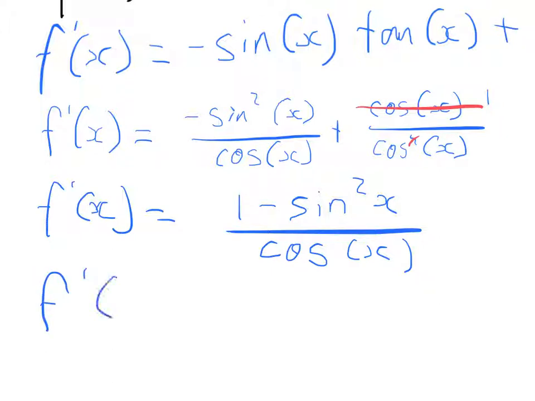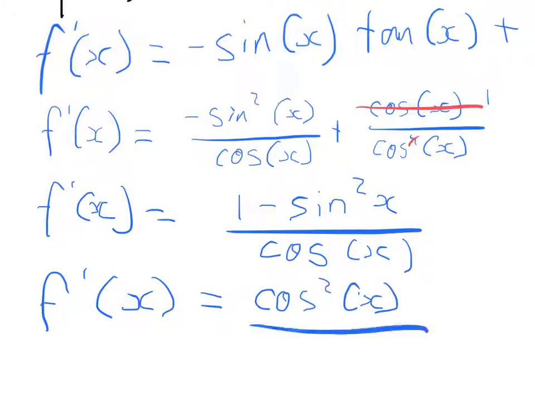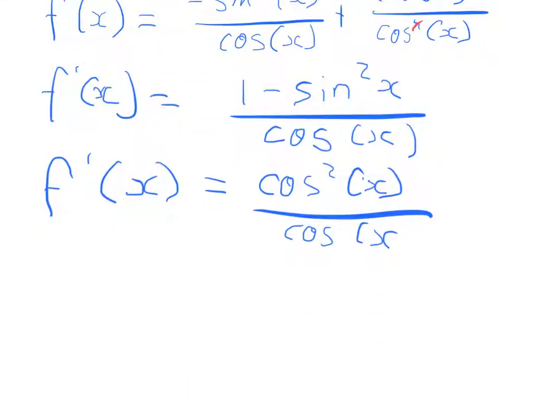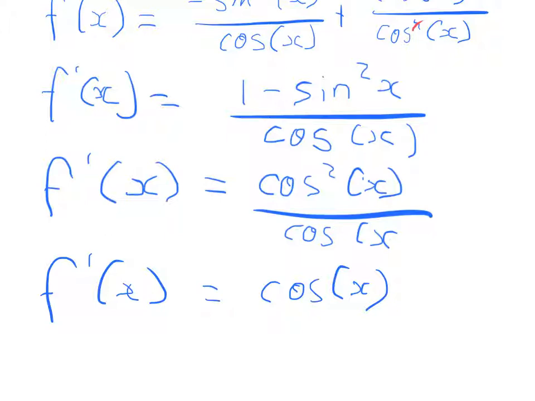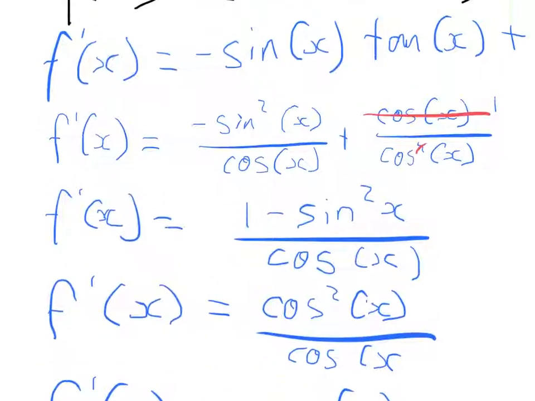So f dash of x equals cos squared of x over cos of x, and so f dash of x equals cos of x. That's a very long way around, but that is the way we could do that one.